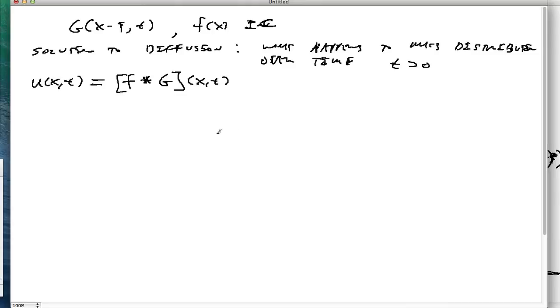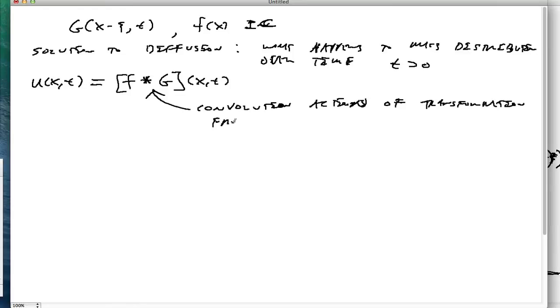Okay, and so really this convolution is this action of transformation from past to future.